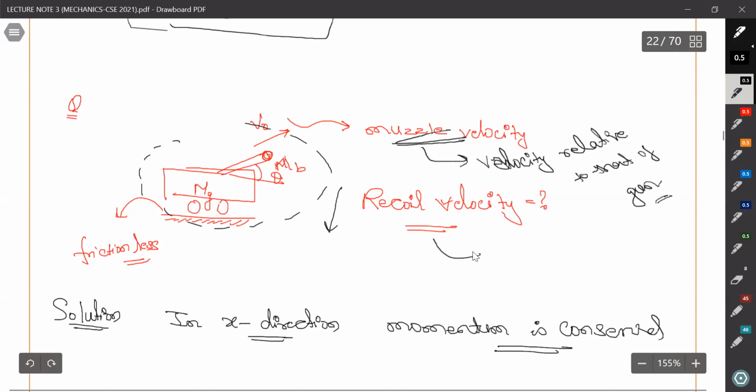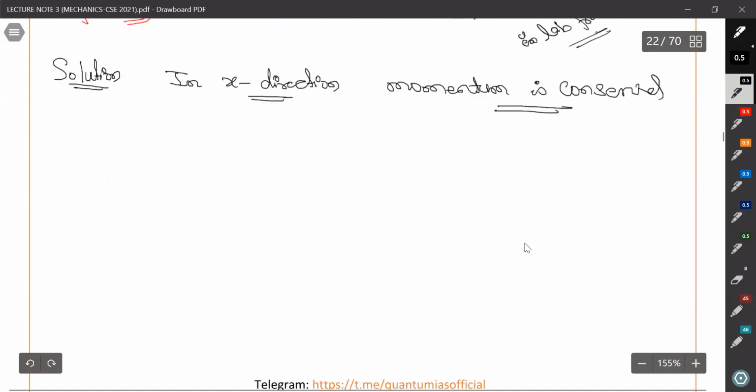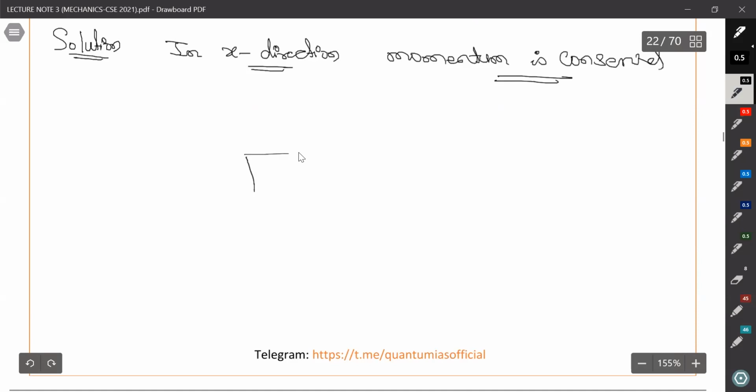And recoil velocity is the velocity in the lab frame. The velocity with which the gun moves backward is known as recoil velocity, and this velocity is given in the lab frame.